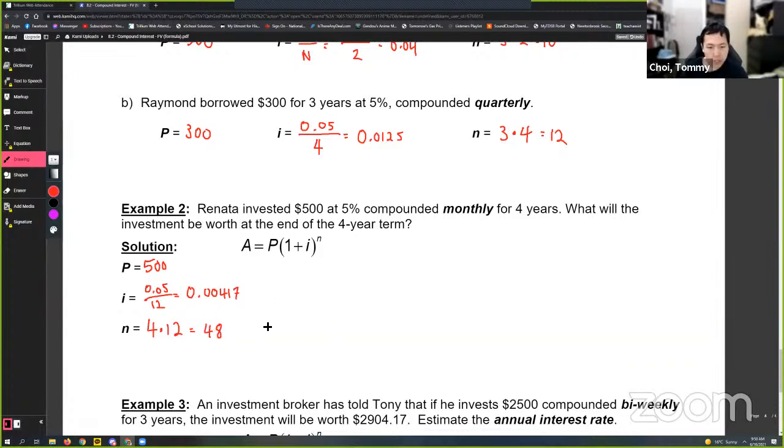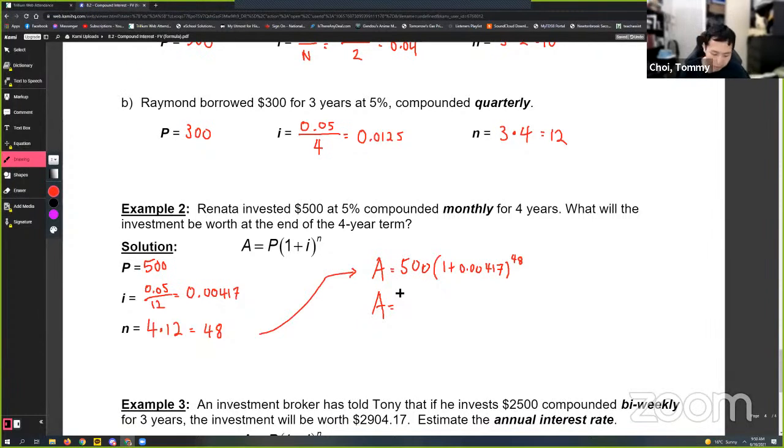Okay. And so in doing so, we get to plug it into our formula. A is equal to 500 times 1 plus 0.00417 to the power of 48. And you calculate that just like you did before, using your calculator and your exponents.